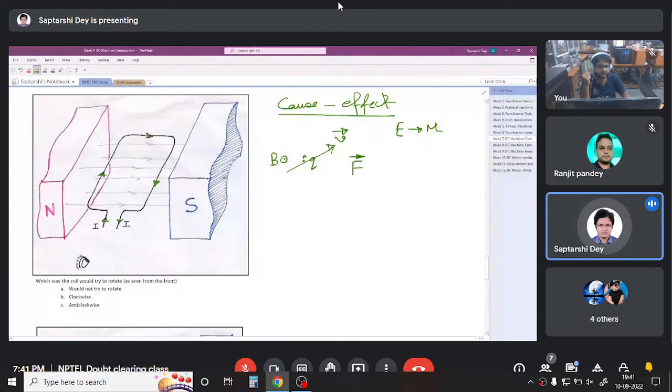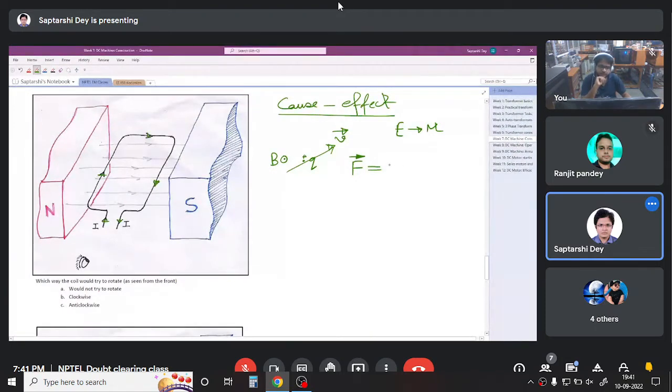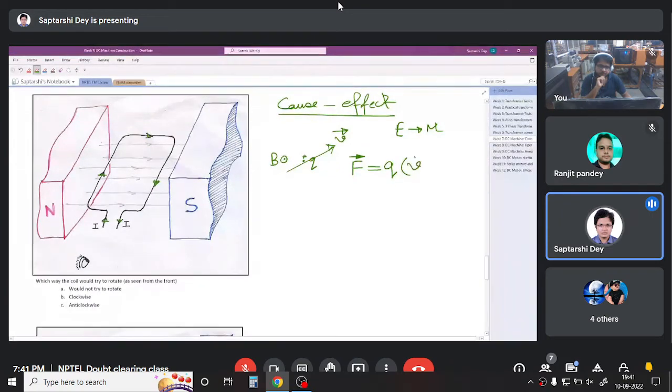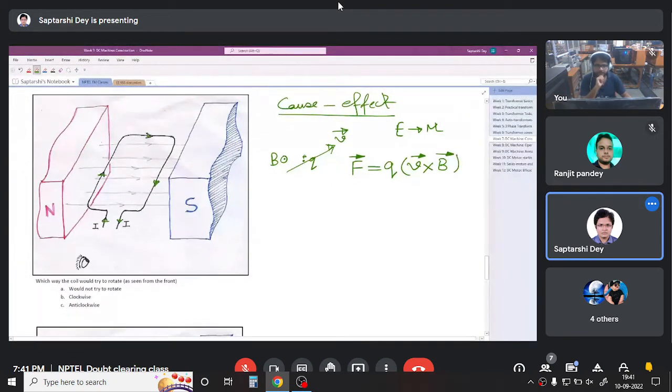This is a class 12 physics question. Does this equation look familiar? F equals Q V cross B.